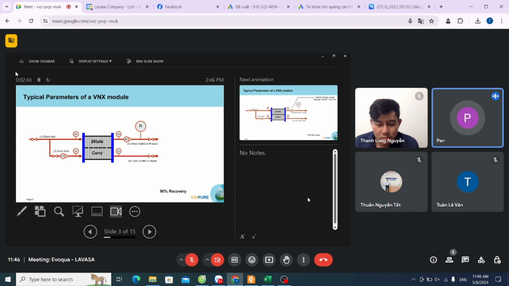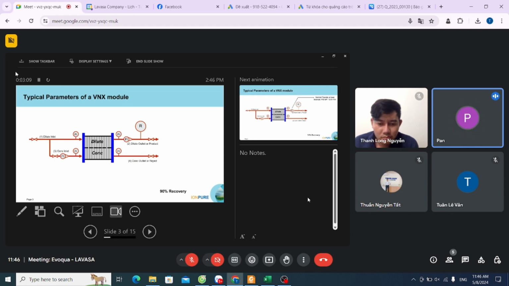So flow meter, you don't have to install here and here. That's because it's the same flow rate. Okay, and then for the product, here and here is the same flow. Okay, but that is how most people will install this, the same style as RO. In RO, you have conductivity meter, pressure gauge, flow meter.